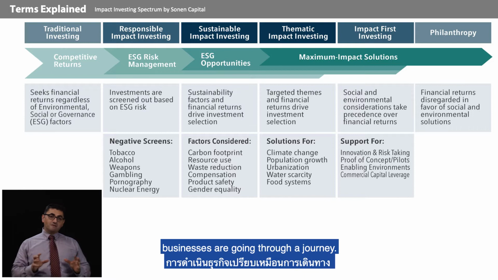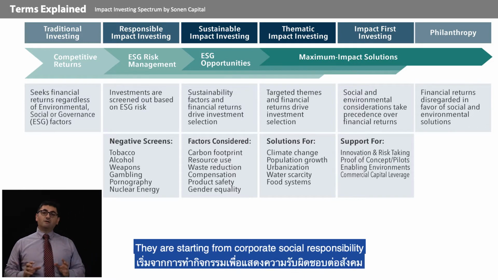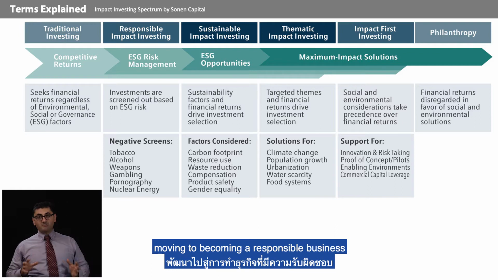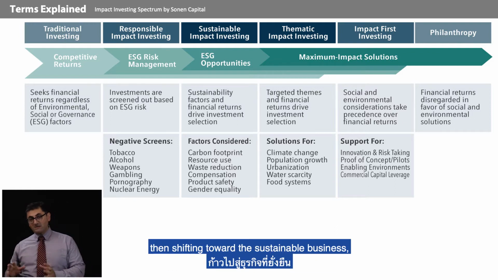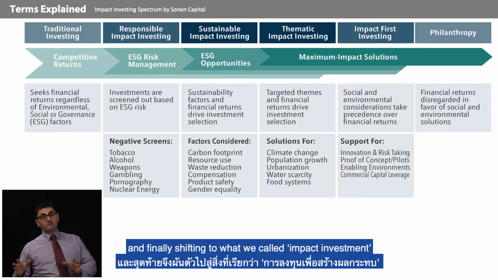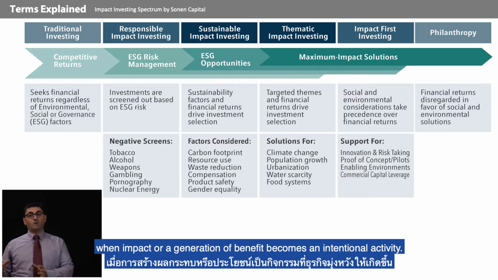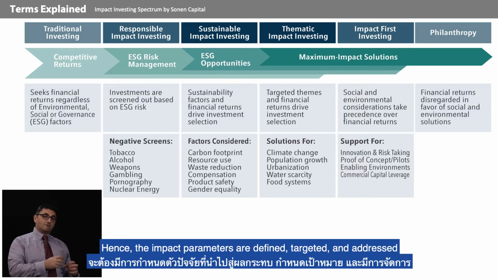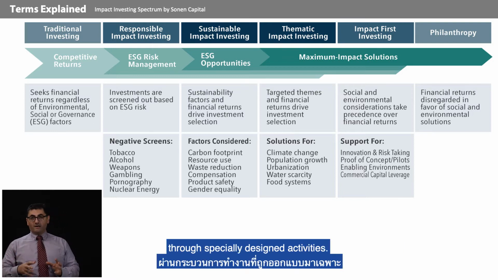Usually what happens is that businesses go through a journey. They start from corporate social responsibility, move to becoming a responsible business, then shift towards sustainable business, and finally shift to what we call impact investment, when impact, or the generation of benefit, becomes an intentional activity. Hence, the impact parameters are defined, targeted, and addressed through specially designed activities.